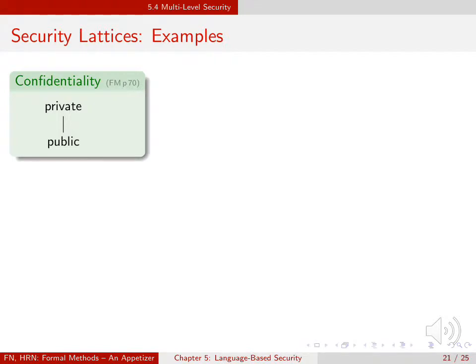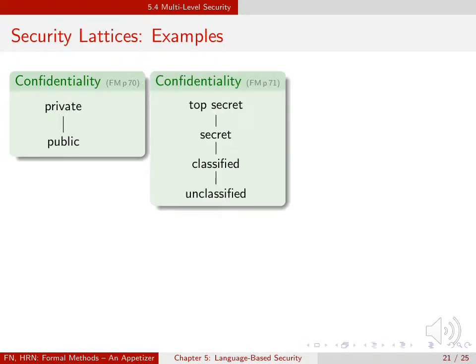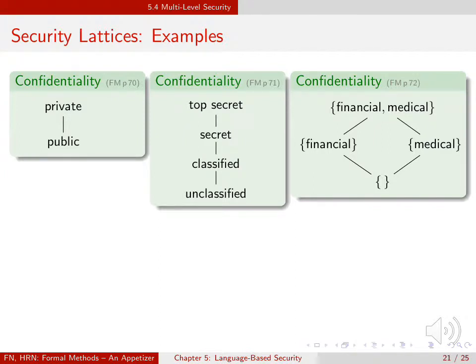Let us consider some examples of security lattices. We already saw one for confidentiality where public is less than private. A classical example is where we have four levels ranging from unclassified to top secret. Sometimes we go beyond the linear ordering, as when classifying data as to whether they contain financial information and/or medical information.